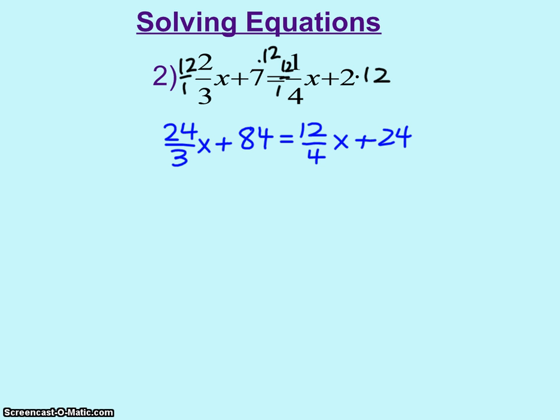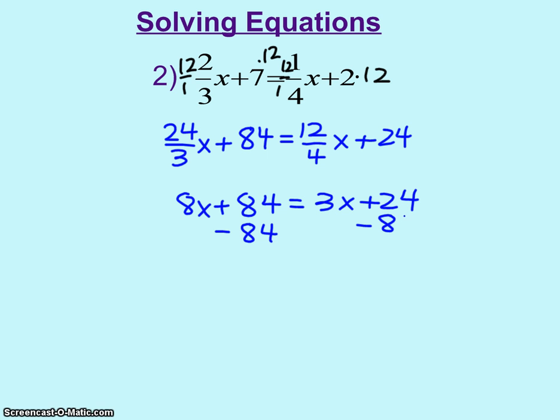Dividing those pieces, then I get 8x plus 84 equals 3x plus 24. And now this problem looks very similar to the first problem, where I need to decide which side I'm going to put the variables on. I'm going to keep them on the left, which means I'll subtract 84 from both sides. I get 8x equals 3x minus 60.